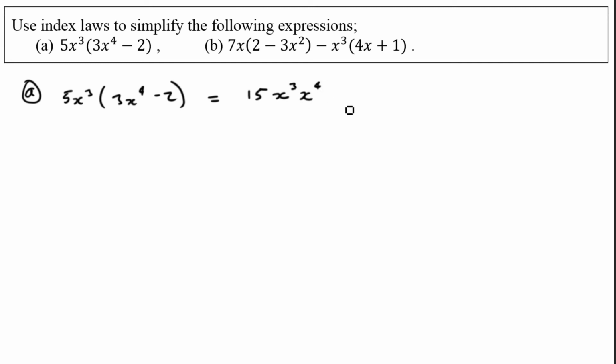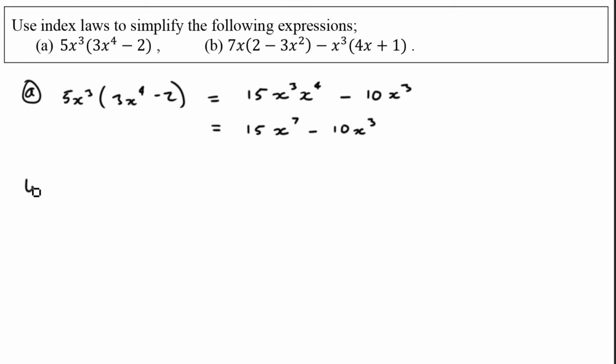We'll simplify that in a moment. Then we have to subtract 5x cubed times 2. 5 times 2 is 10 times x cubed. And finally, we can write that as 15 times x to the 3 plus 4 is 7, subtract 10x cubed.